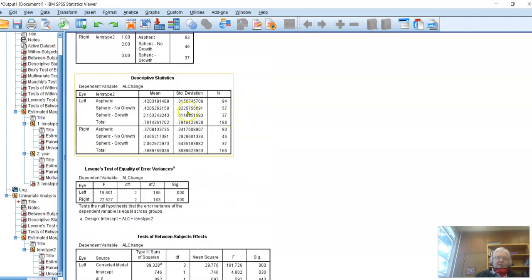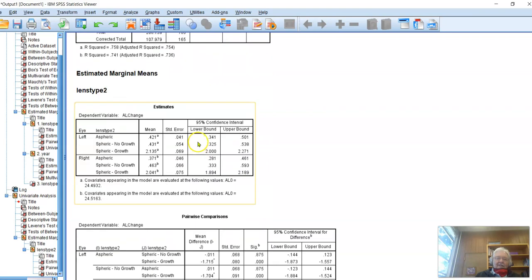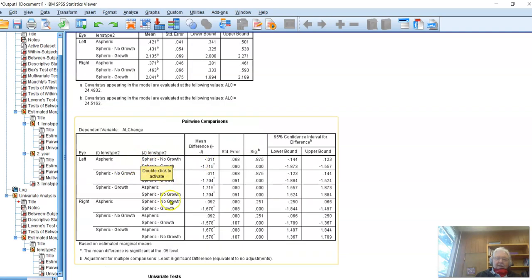It doesn't do the raw statistical means and standard deviations like this does. It does estimates based on the model. And we can see our comparisons here. We note again no difference between aspheric and spheric, but a big difference between aspheric and those spheric lenses where there was growth.